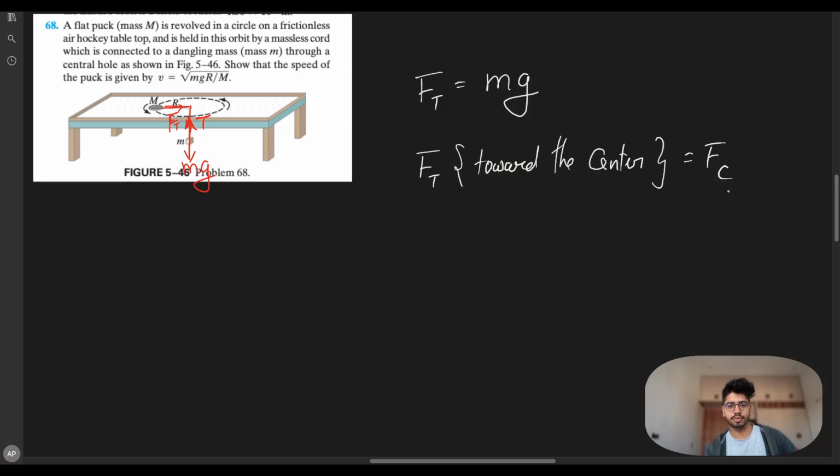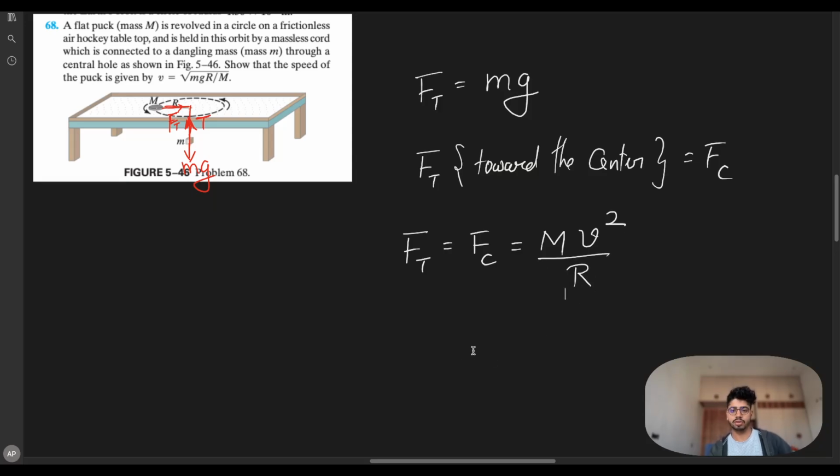As we know, the formula for the centripetal force F_c is capital M, the mass of the object that is revolving, that they have given, times v squared by r, where r is the radius, and v is the speed we have to find.